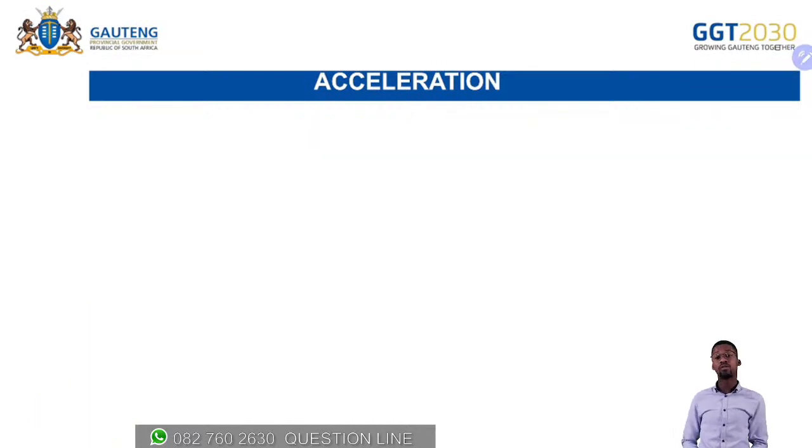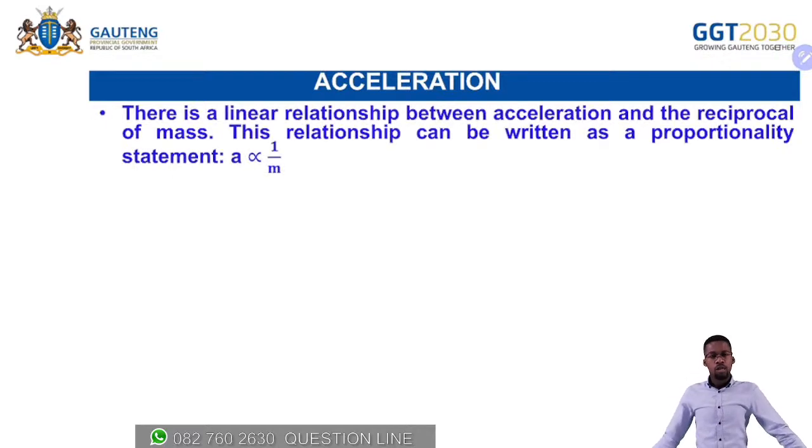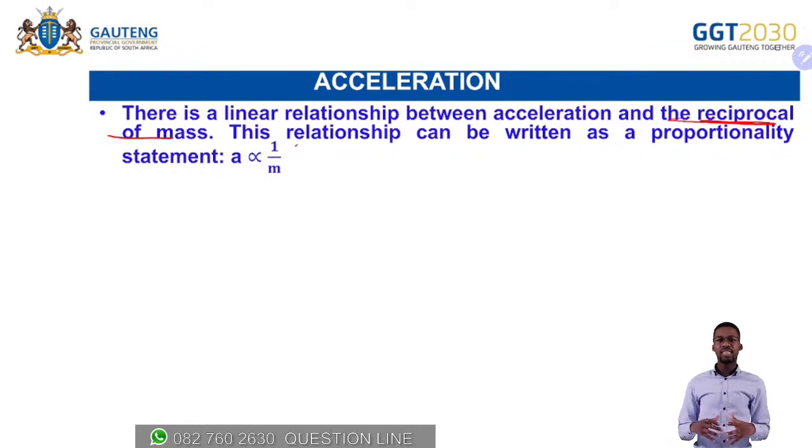So now we are dealing with the content. I have alluded that, yes, indeed, acceleration has a direct proportional relationship with the net force. So this is how we express acceleration. Acceleration is directly proportional to the net force, and it is inversely proportional to the mass, meaning that an object of greater mass will have less acceleration.